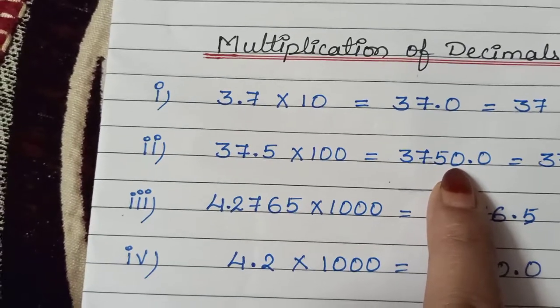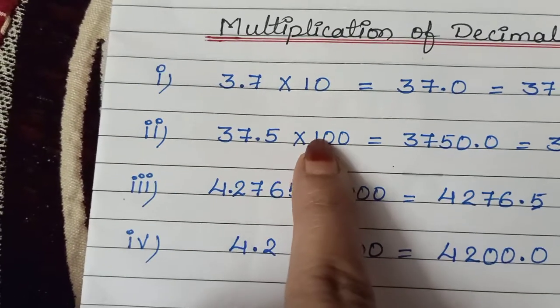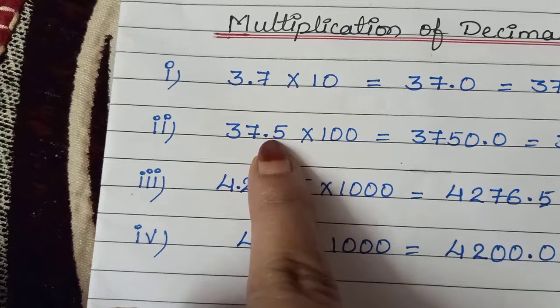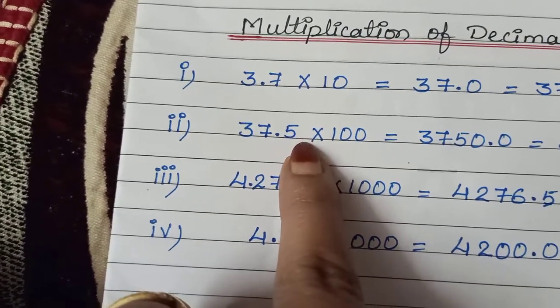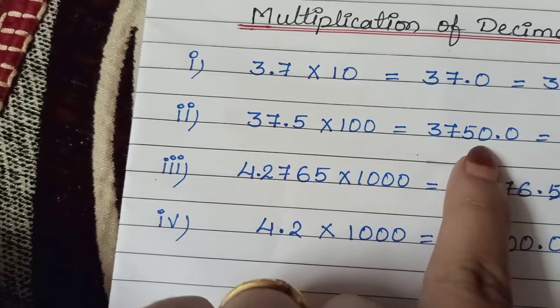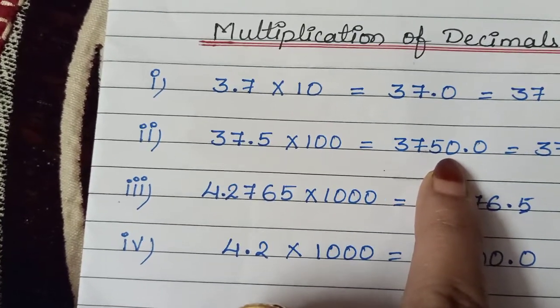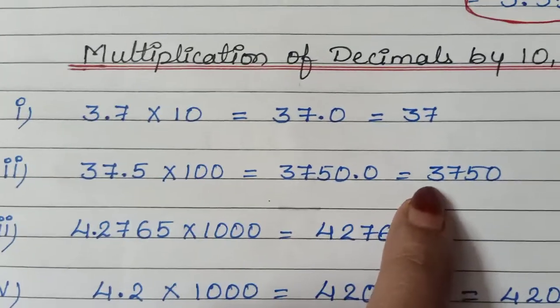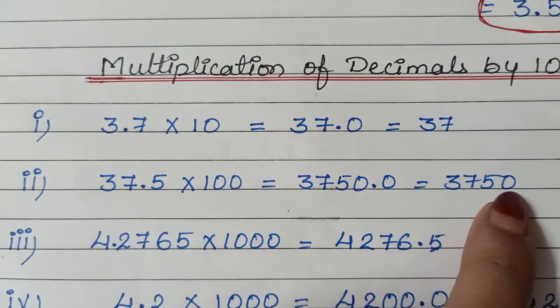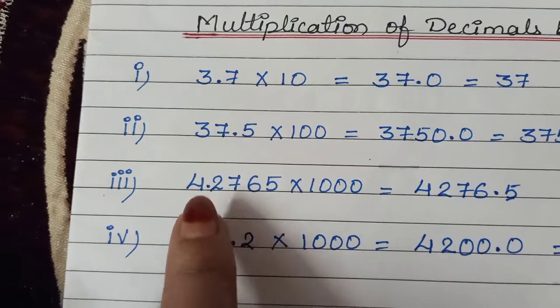I hope this is clear for you students. We need to shift 2 digits but after the decimal we have only 1 digit, so we replace that empty place by 0. So it becomes 3750.0, which is nothing but 3750.